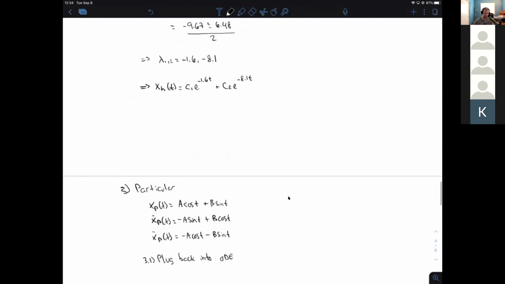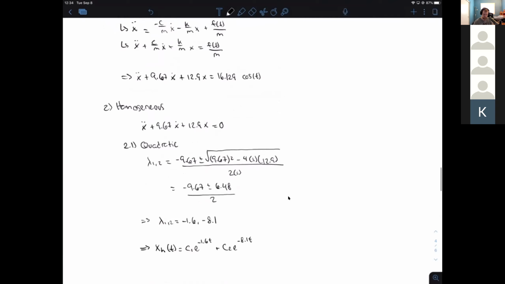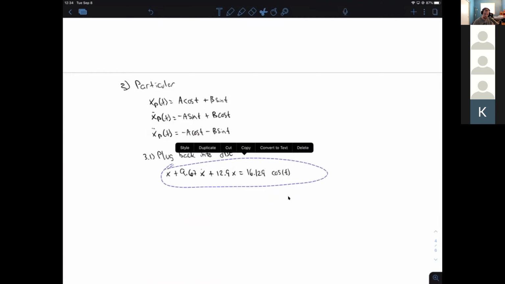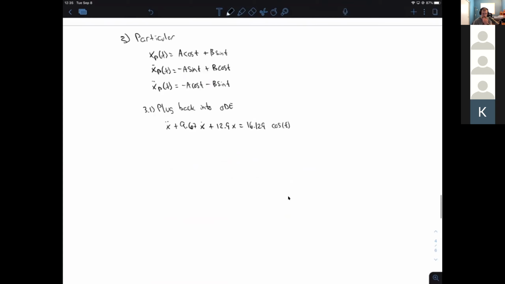Okay, I'm just going to bring the ODE down here. All right, there we go. So we have minus a cosine of t minus b sine of t plus 9.67. I guess in my notes I only did 9.6, so I'm just following my notes to make it a bit easier for me.